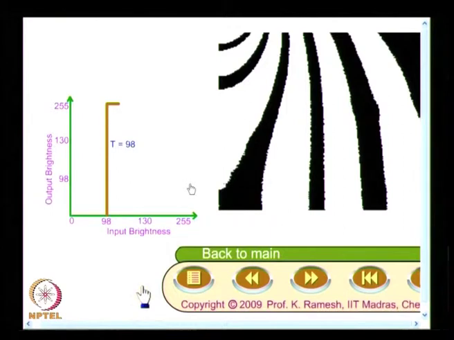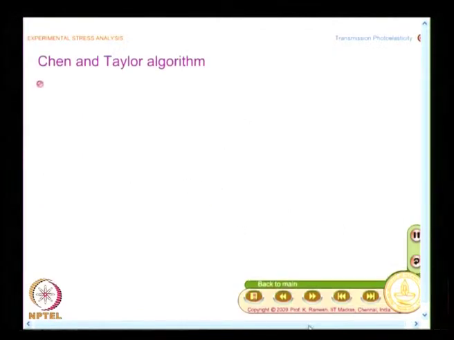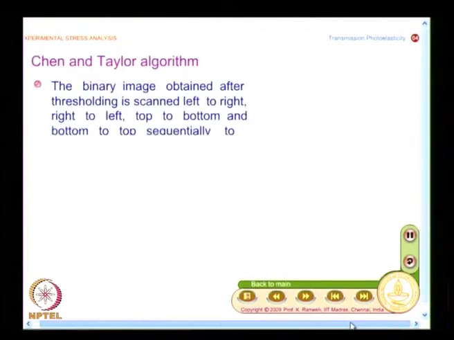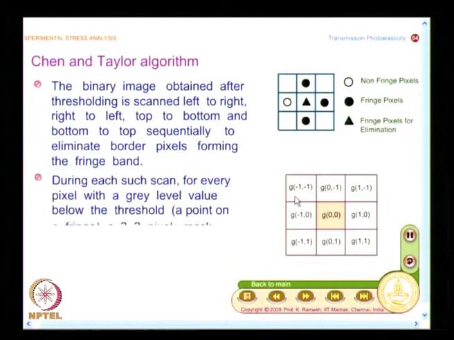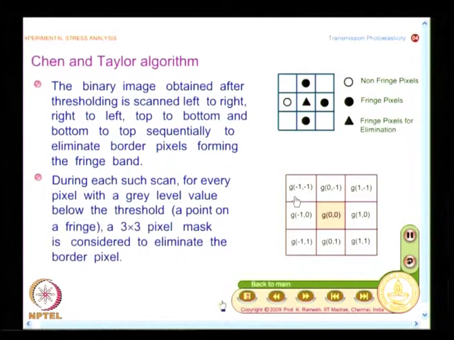One very famous algorithm in this is by Chen and Taylor. I am going to give you only a gist of the algorithm, and also some introduction to how people process images.